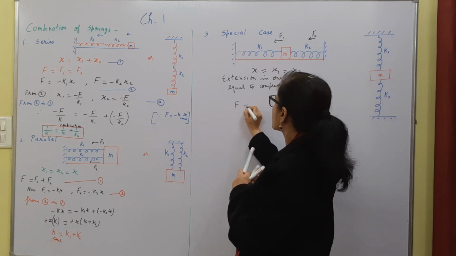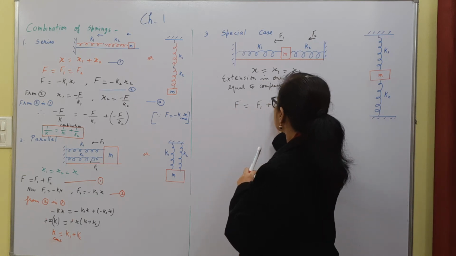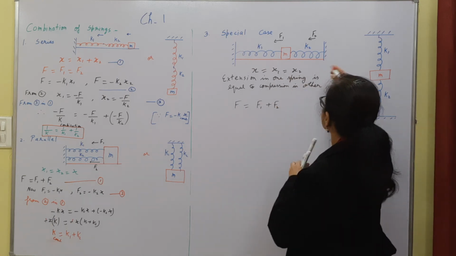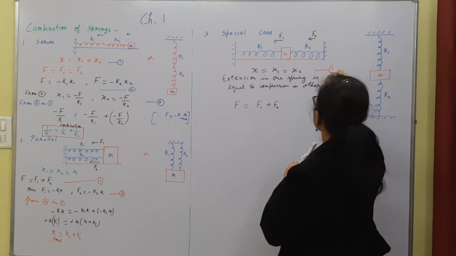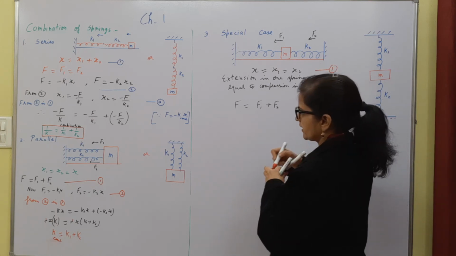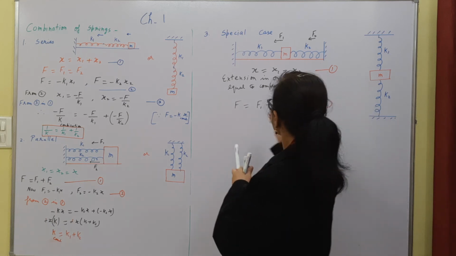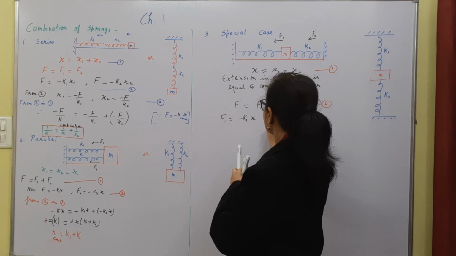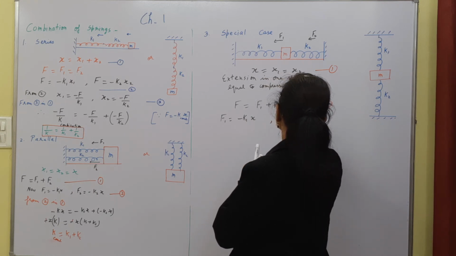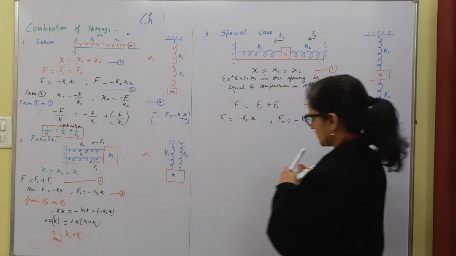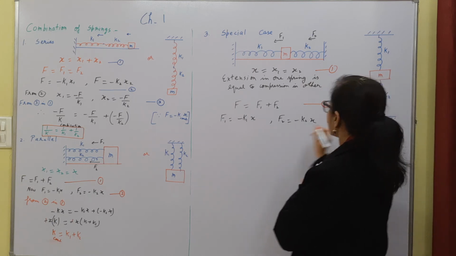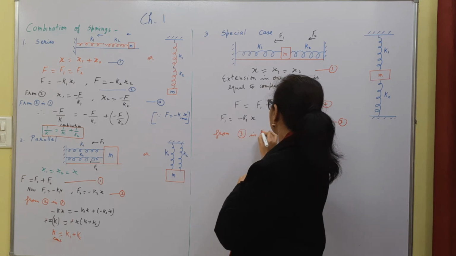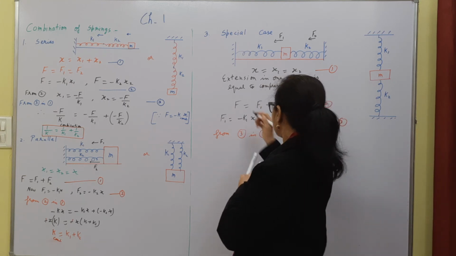So F restoring is equal to F1 plus F2, and also we have written x is equal to x1 is equal to x2. So this is 1 here, this is 2 over here, and F1 is equal to minus k1 x, F2 is equal to minus k2 x. Now this is our equation 3. So from 3, as before, we have to solve.